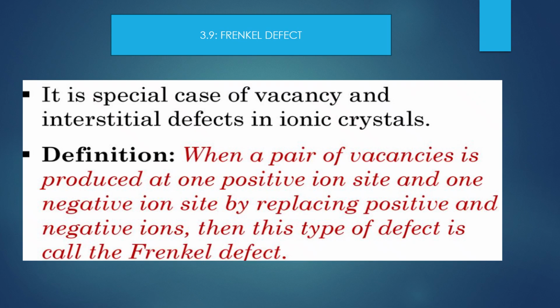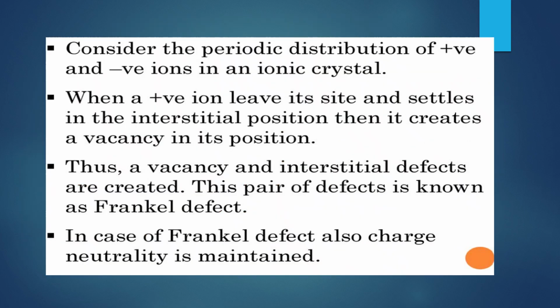3.9 Frenkel defect. It is a special case of vacancy and interstitial defects in ionic crystals. When a pair of vacancies is produced at one positive ion site and one negative ion site by displacing positive and negative ions, then this type of defect is called a Frenkel defect. Consider the periodic distribution of positive and negative ions in an ionic crystal.